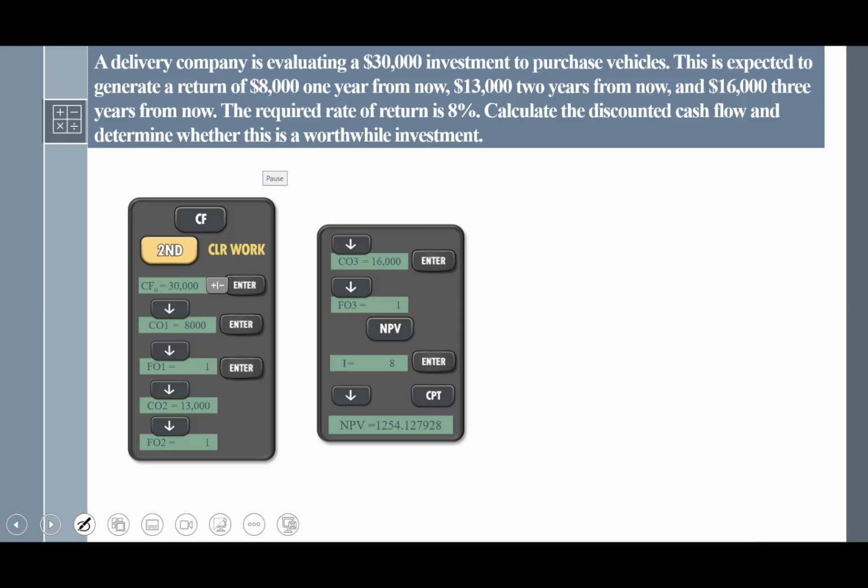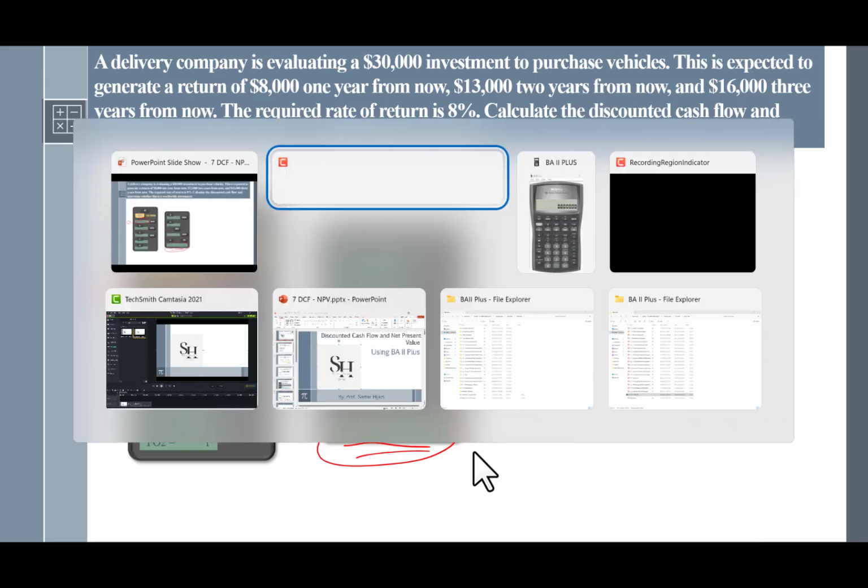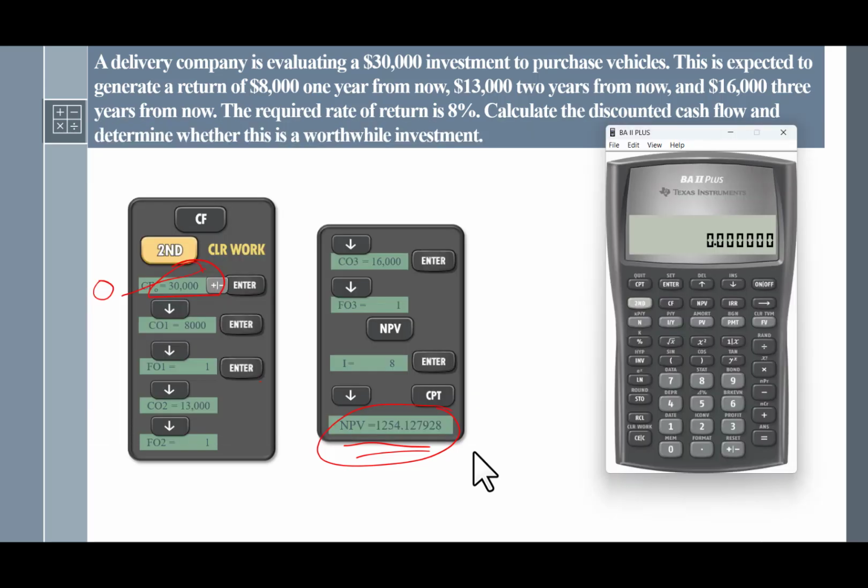And you can see here, because I entered the initial investment as minus 30,000, it gives me the net present value, not the discounted cash flow, and it's positive, the difference of 1,254. If I enter this as 0, then here I will get the 31,254.